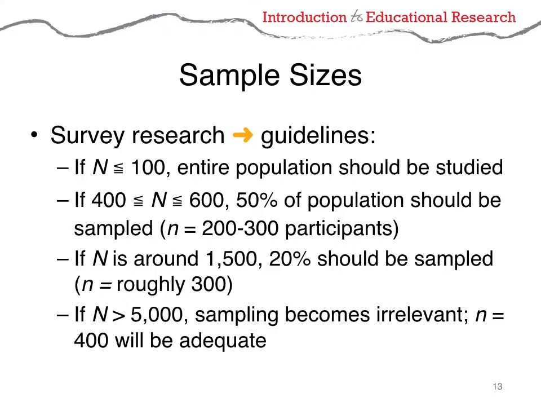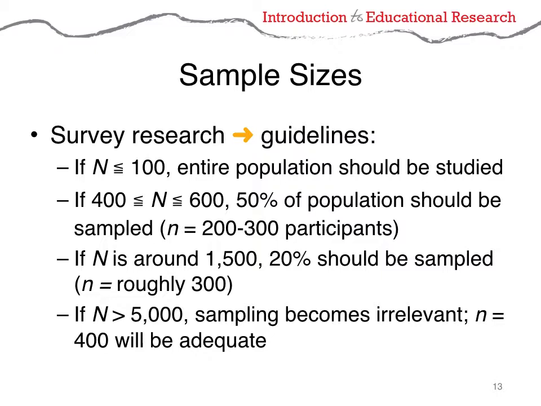Okay, so there are some guidelines for survey research. Starting at 100 people, the rule of thumb is you should study the whole population. If it's between 400 and 600, you should sample 50%.